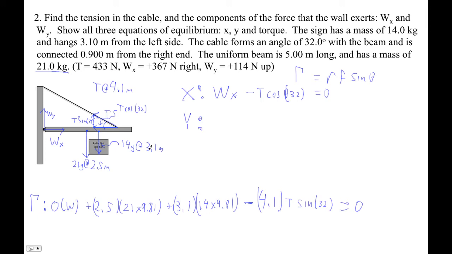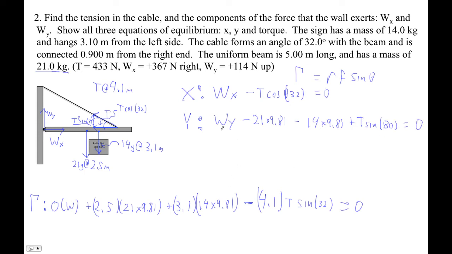And then in the y direction, we've got the wall in the y direction, minus 21 times 9.81, minus 14 times 9.81. So these are the weights. This one's up, this is down, and then this component right here is up, T sine 32, and that equals 0, right?